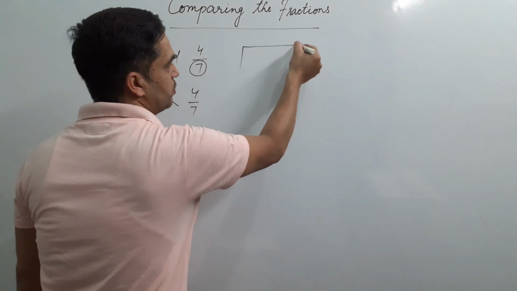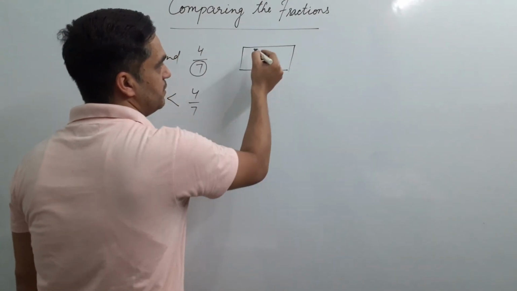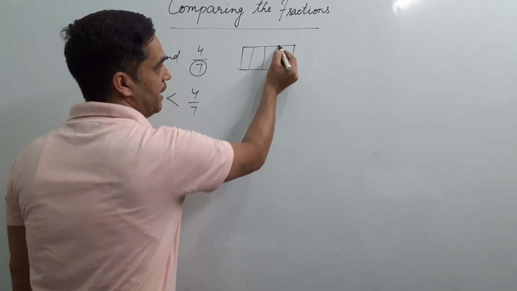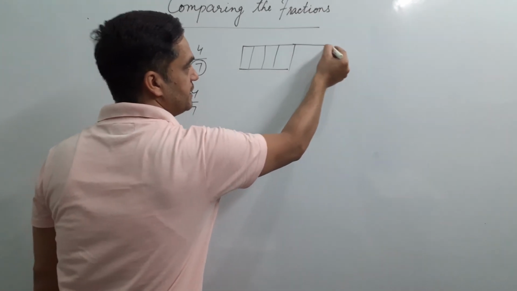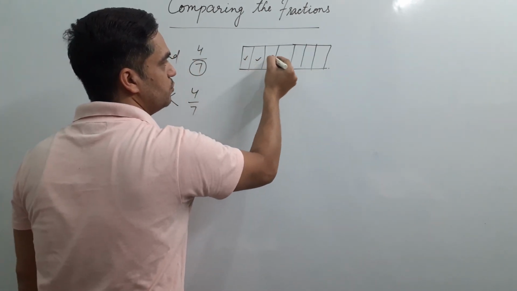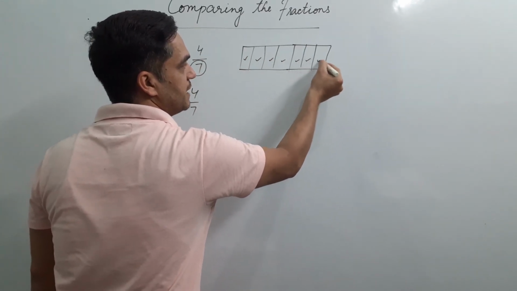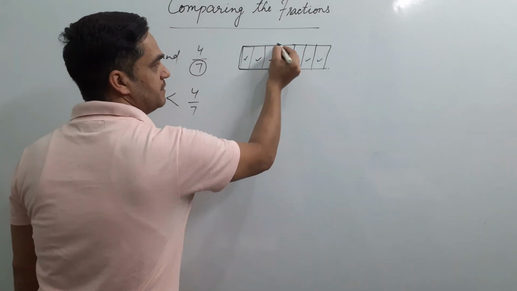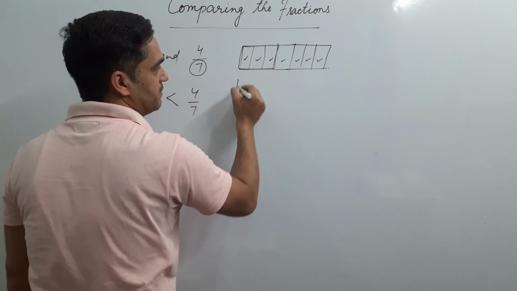How? Suppose you are given a chocolate, and you have divided this chocolate into 7 pieces. 1, 2, 3, 4, 5, 6, 7. Now you tell, this 3 by 7 or this 4 by 7.